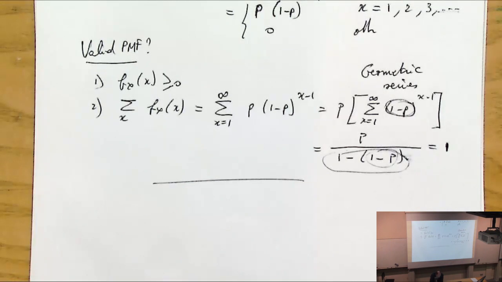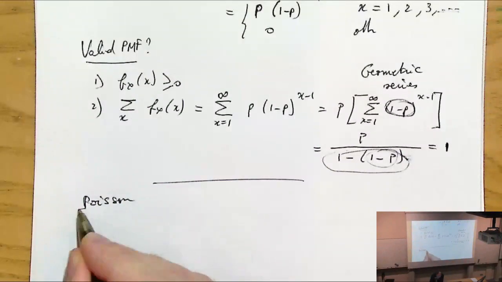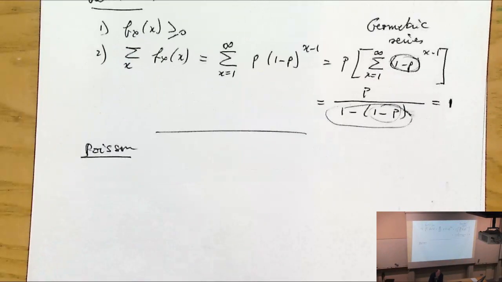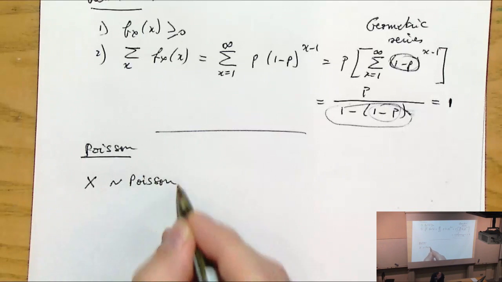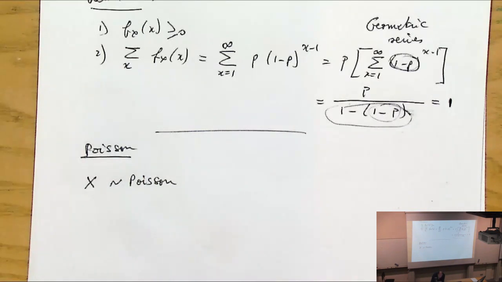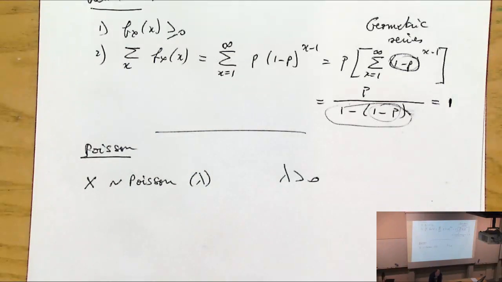The next one is called Poisson. So I have a random variable x that is Poisson distributed with a certain parameter lambda, and lambda is positive.